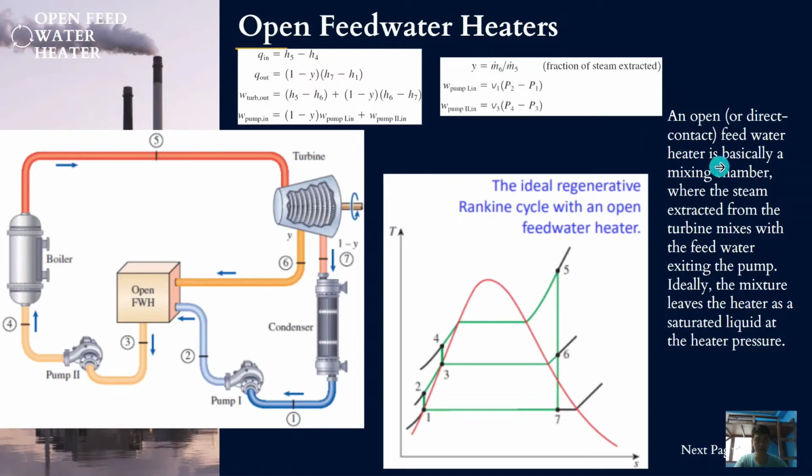The open or direct contact feed water heater is basically a mixing chamber where the steam extracted from the turbine mixes with the feed water exiting the pump. Ideally, the mixture leaves the heater as a saturated liquid at the heater pressure.